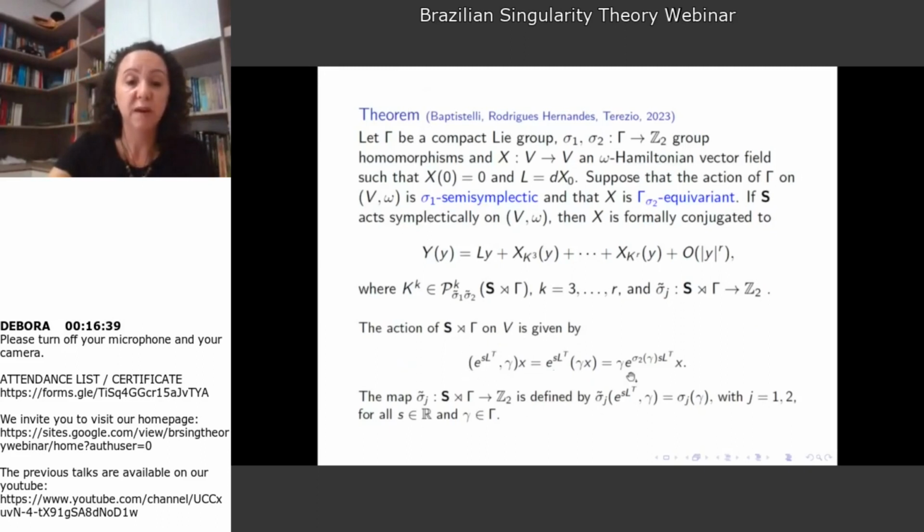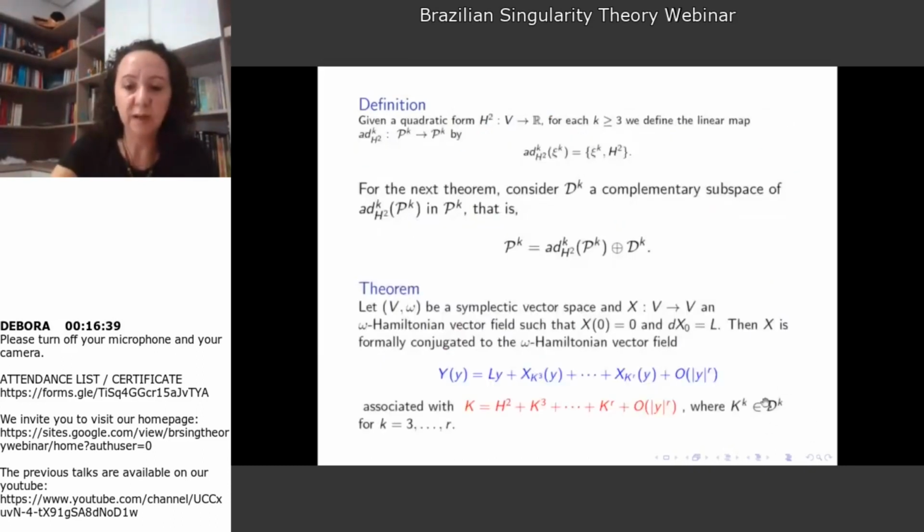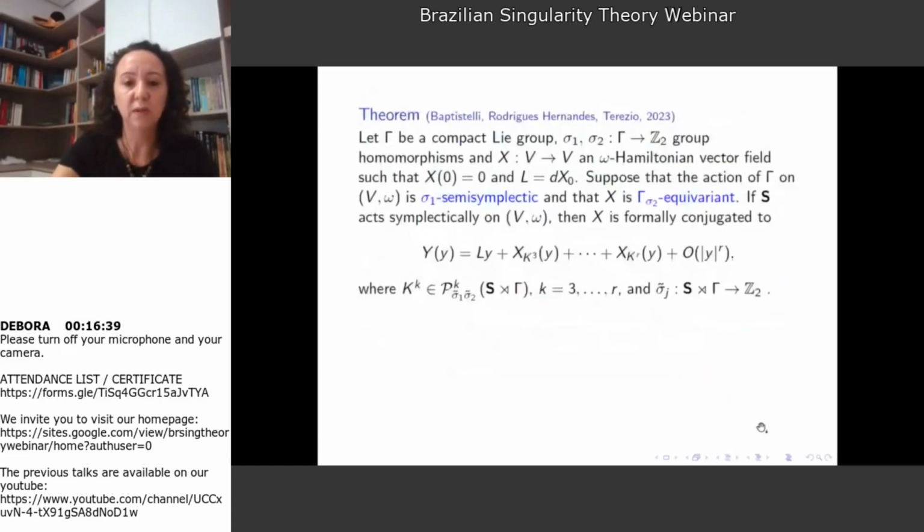The action is defined in this way. It's a technical definition, but what's important here is that we describe this set precisely in order to obtain a normal form of the associated function, and as a consequence, a normal form of the vector field. So this set, with all these conditions, is the set of invariants. K needs to be invariant with respect to S direct sum gamma.